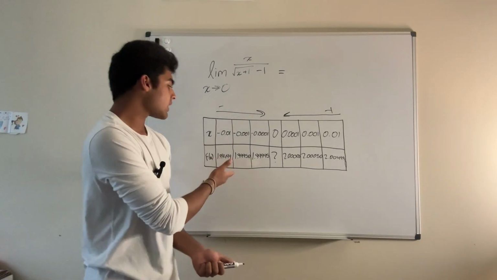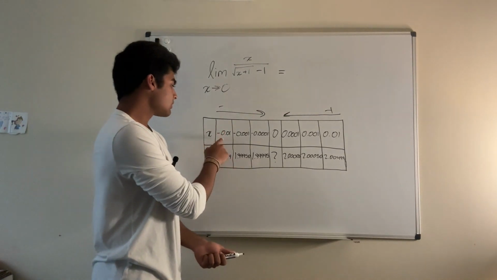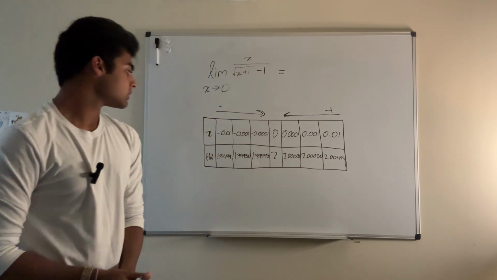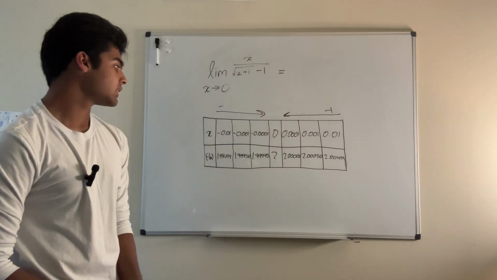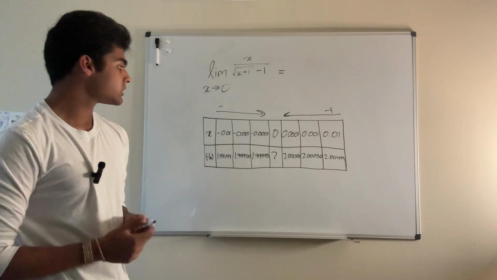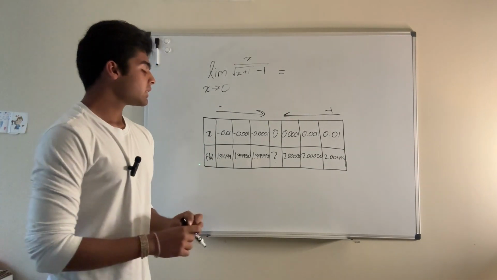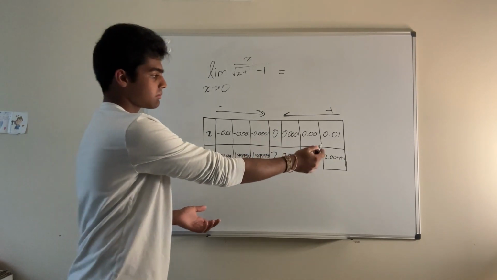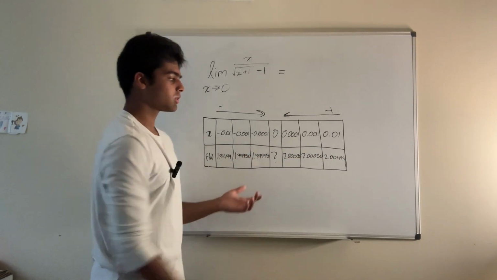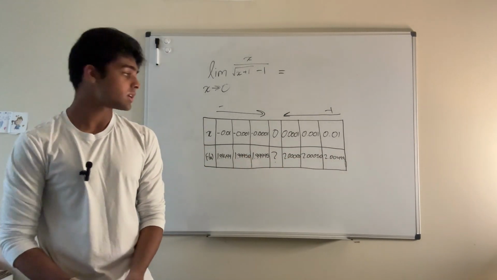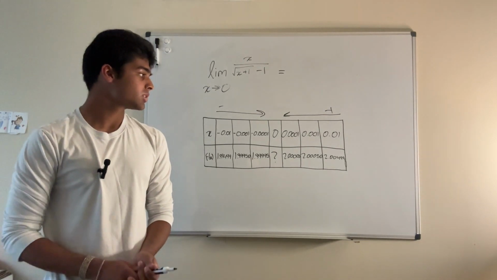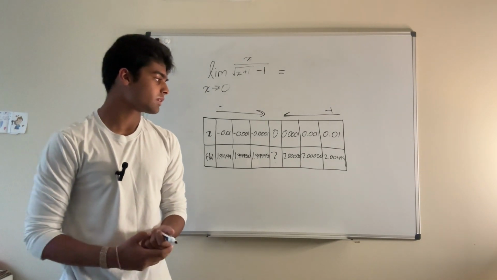So we have these values, and we can see that negative 0.01 is 1.99499, and then negative 0.001 is 1.99950. And then from the positive end, we can see the same thing. We can see that 0.01 is 2.000499, and 0.001 is 2.0050.